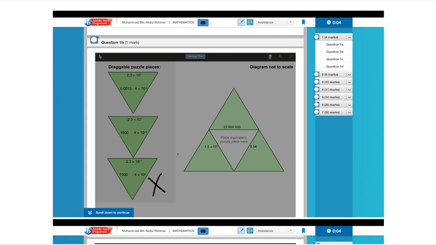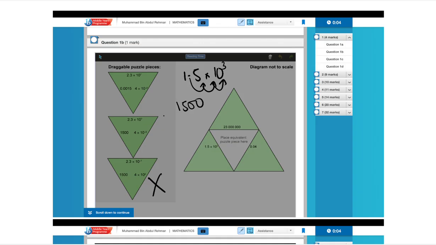Okay. And what are we going to do next? We have 1.5 into 10 to the power of positive 3. So 1.5 into 10 to the power of positive 3 means that the decimal point is going to be moving forwards. So one place forward, two places forward, three places forward. So this becomes 1500.